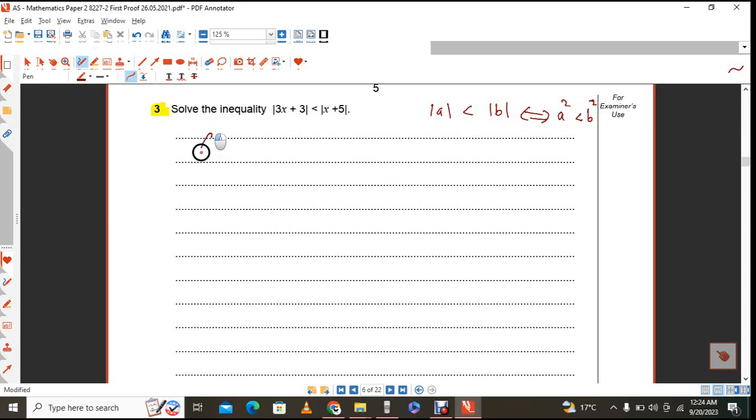So you're going to say (3x plus 3) all squared less than (x plus 5) all squared. At this juncture, I hope you know how to multiply binomials. So this is 9x squared, 3 times 3 is 9, so double of that is going to be 18x plus 9, that is x squared, 5x times 2, that is 10x, 5 times 5 is 25.